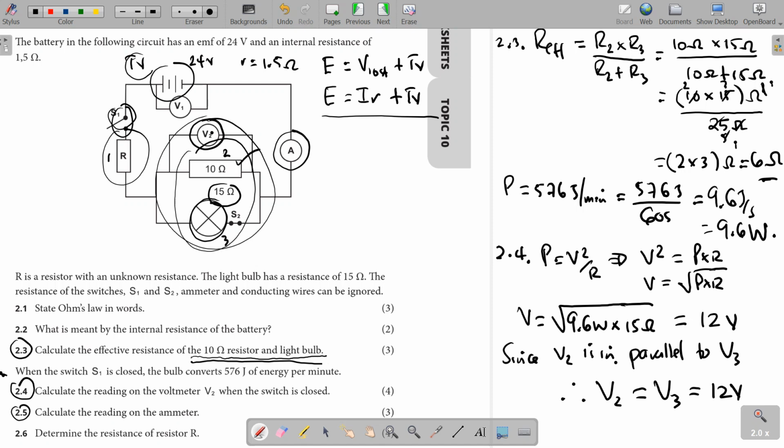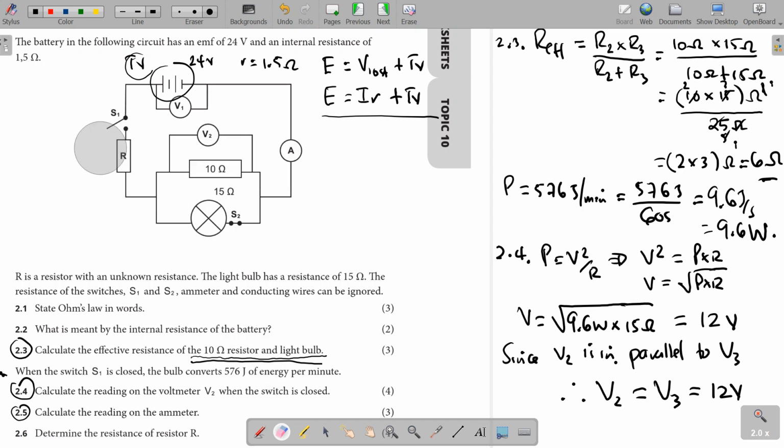Now to calculate the current here, remember we know that the resistance is 10 ohms, and we found the voltage as 12 volts. Here we know the resistance is 15 ohms, and we found the voltage as 12 volts. We can calculate the current on each.